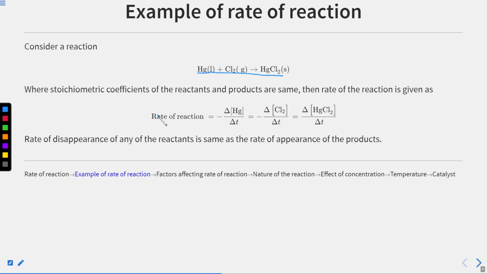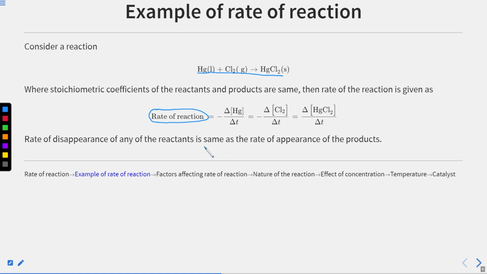Now, if you want to write the rate of reaction, so till now we have seen the rate of disappearance of reactant. Now we'll see what is the rate of reaction. So if we have no coefficient against any of this reactant, we can simply write in terms of rate of appearance and rate of disappearance.